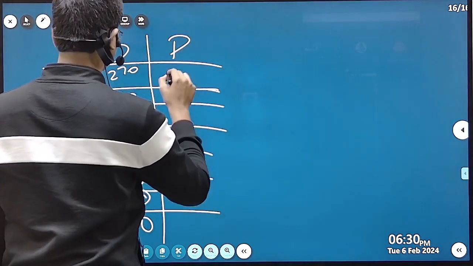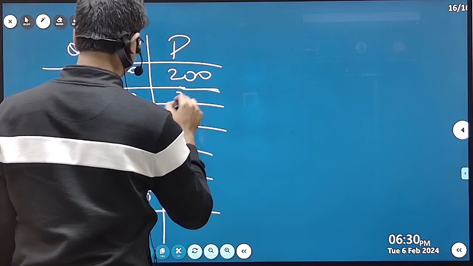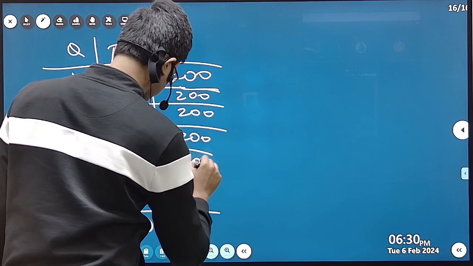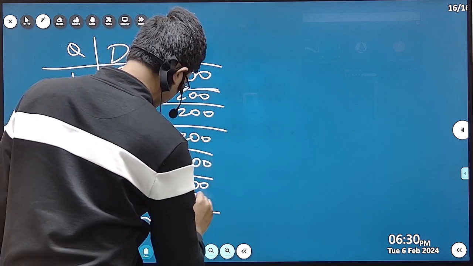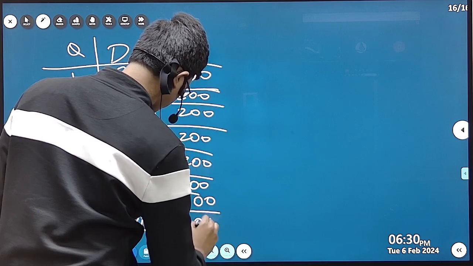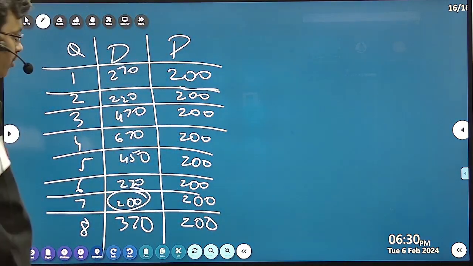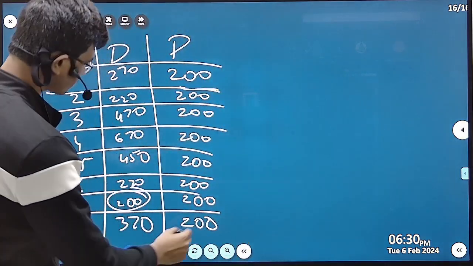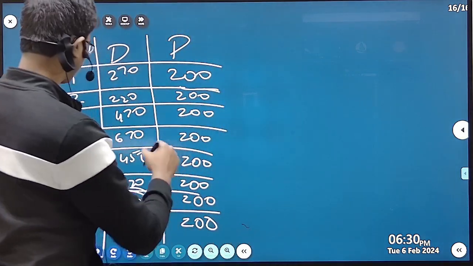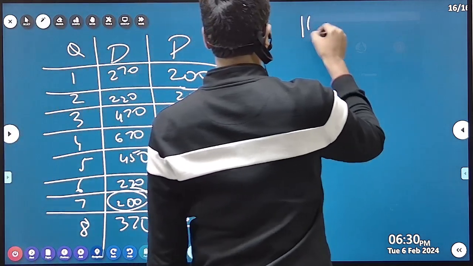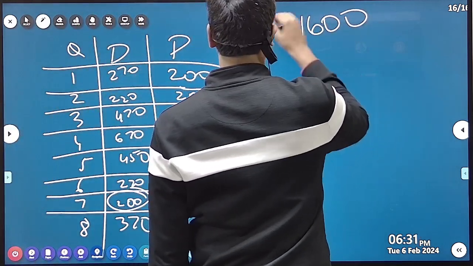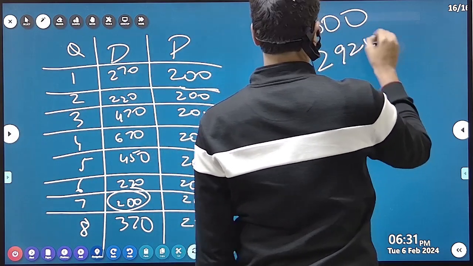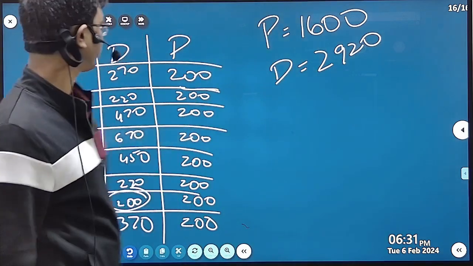So this is my production. I will be producing 200 units for all the 8 quarters. So I am producing 1600 units and my demand is 2920 units, which we have seen.